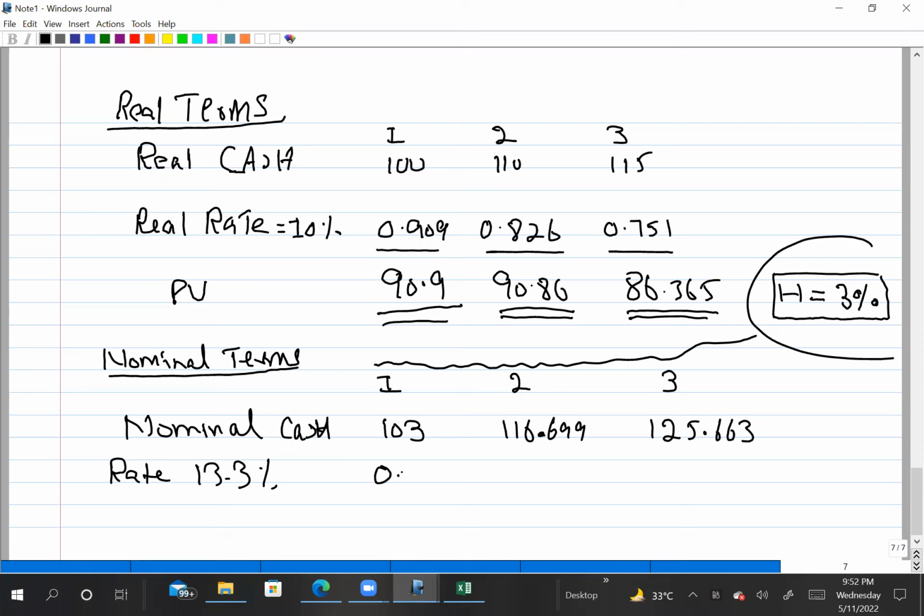It will be 0.883. For year 2, it will be 0.779. And for year 3, it will be 0.688.